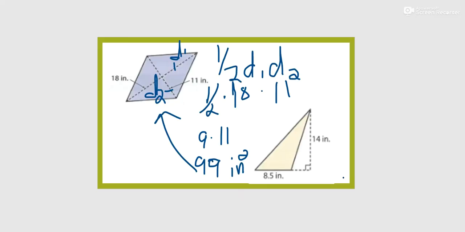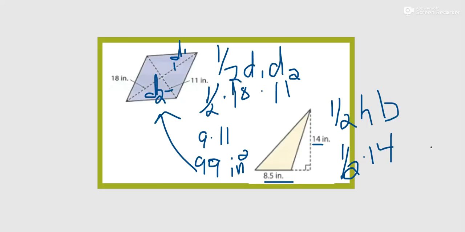And our last one we talked about was our triangle. And our triangle we said was 1/2 of our height times our base. So if we fill this in, we have 1/2 times our height, which is 14 inches, times our base, which is 8.5 or 8 5/10.